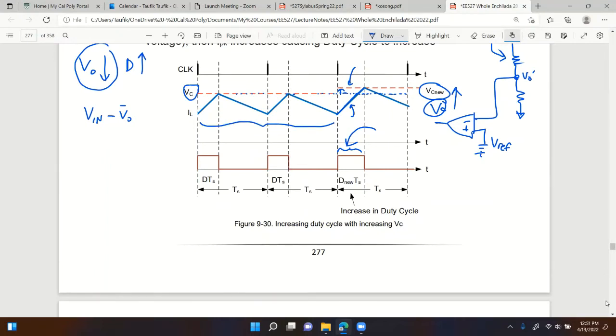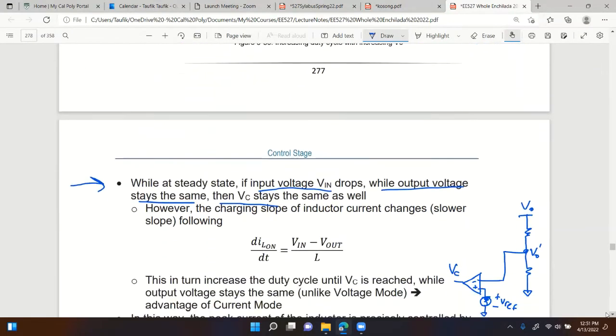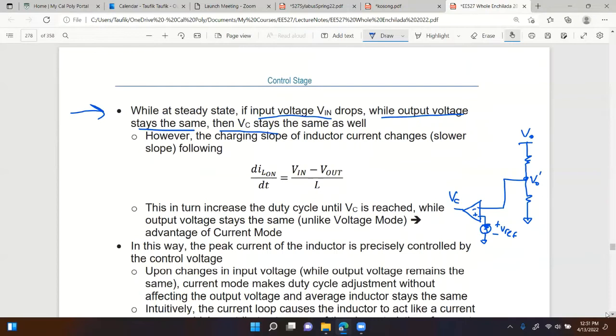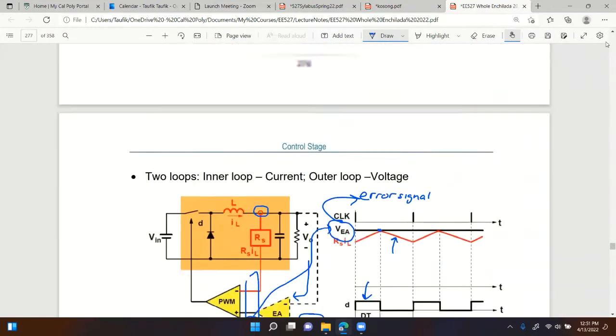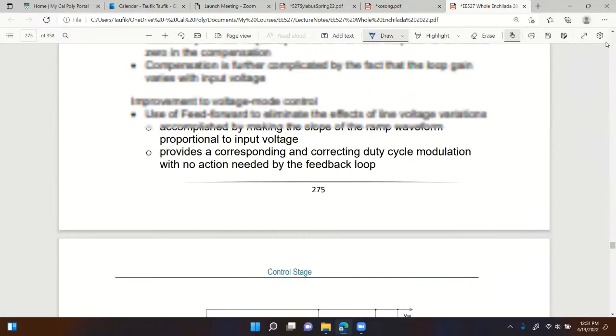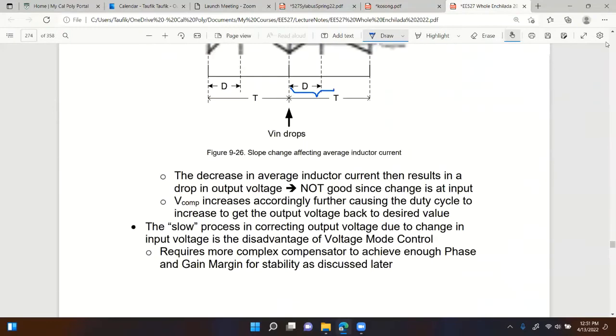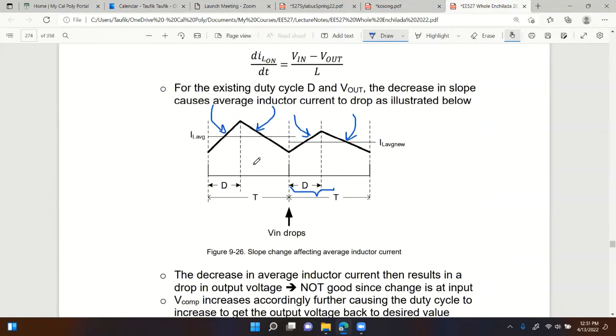But we want the controller to take action for this, because we know a change in the input voltage would cause a change in the inductor current. Remember this? I have to go back and forth between the two.